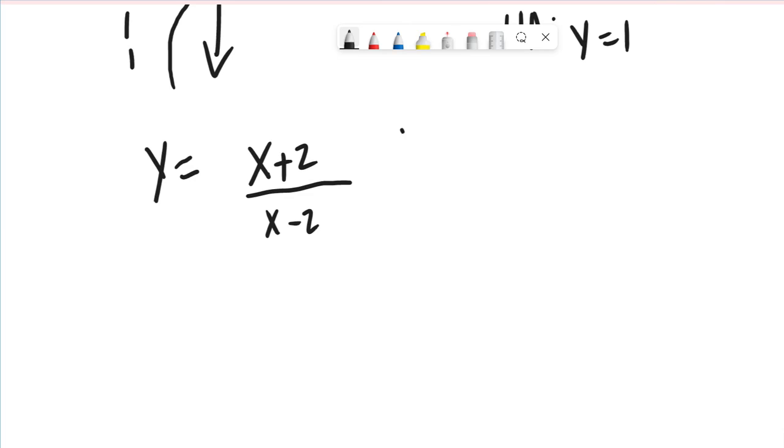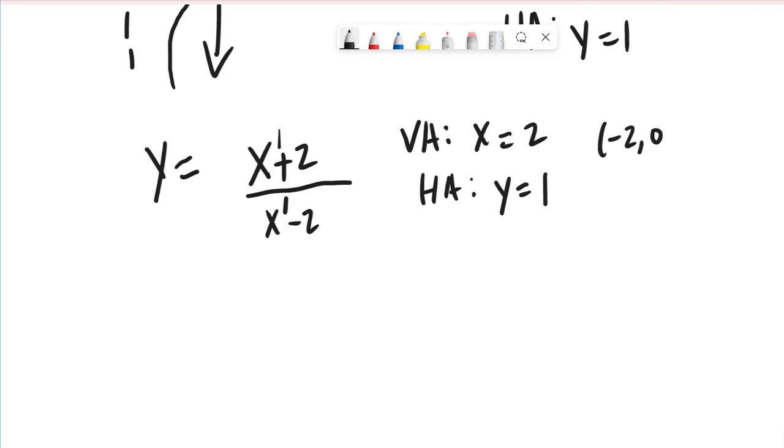It becomes clear that the vertical asymptote is just x equals 2. The horizontal asymptote similarly is equal to 1. Why? Because it's the ratio. So it's 1. But the x-intercept is at -2, 0. Where's the y-intercept? It's at 0, -1.